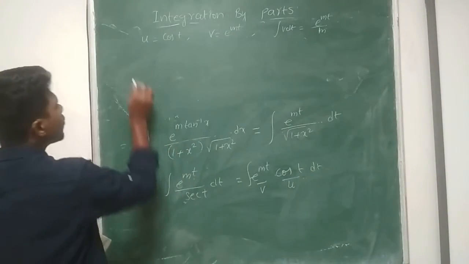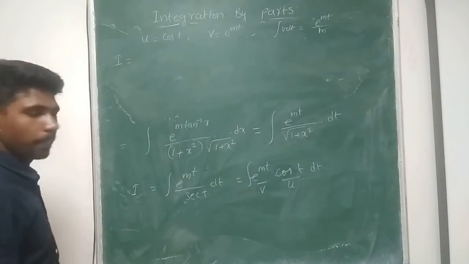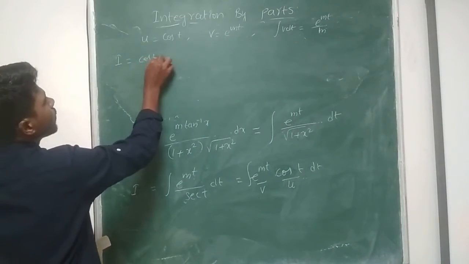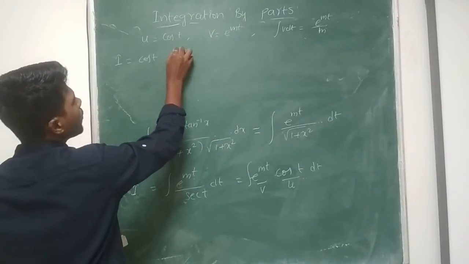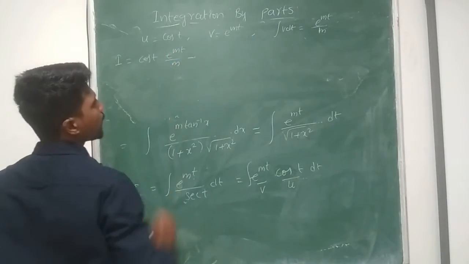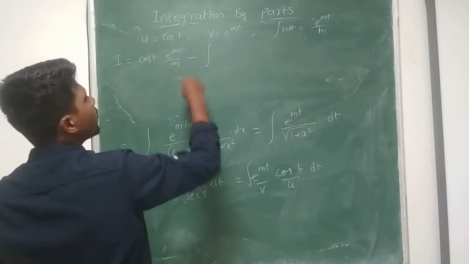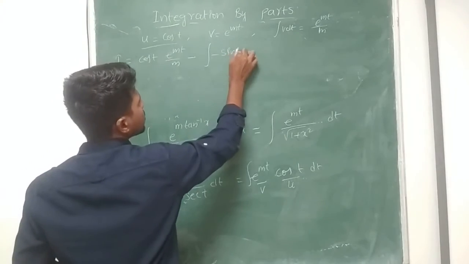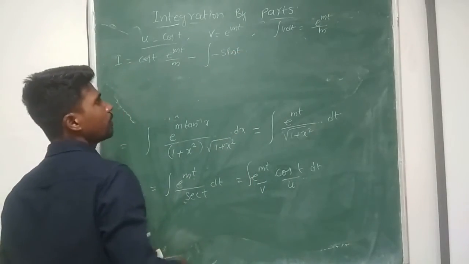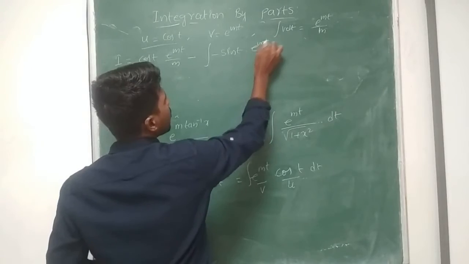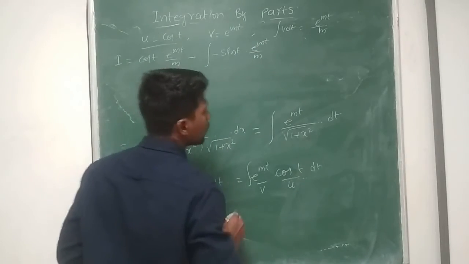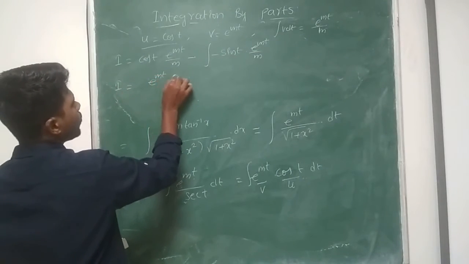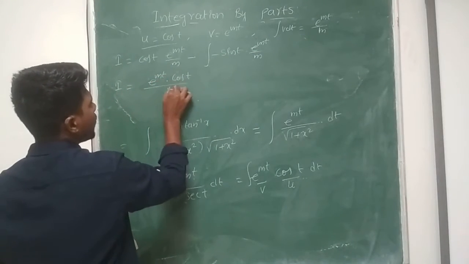Okay, now I is equal to u integral v. U is cos t, integral v is e power mt by m, minus integral du by dt. So derivative of cos t is minus sin t into integral v dt, which is e power mt by m.